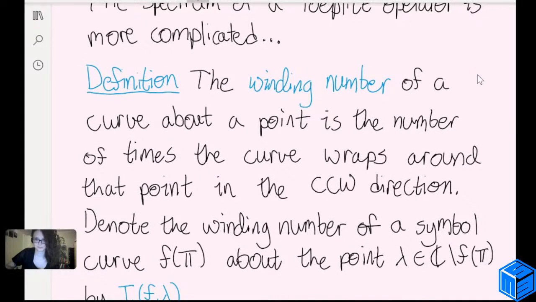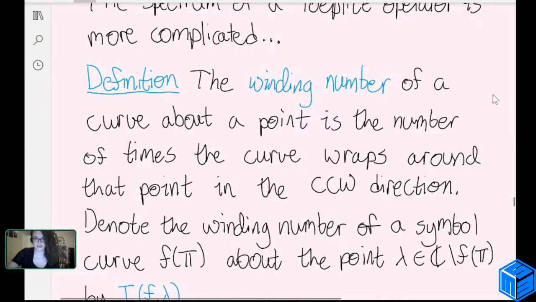If it goes around this way once, winding number is 1, goes around again, winding number is 2. And if we come back and go the other direction, then the winding number goes down by 1. So clockwise wrapping around gives you a negative winding number.